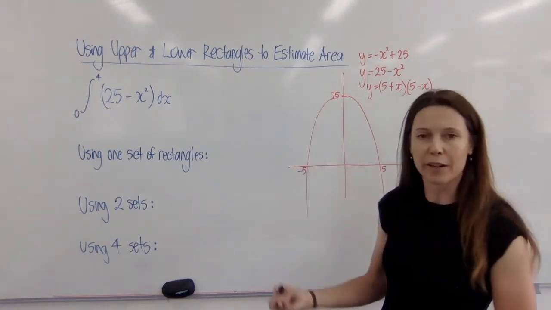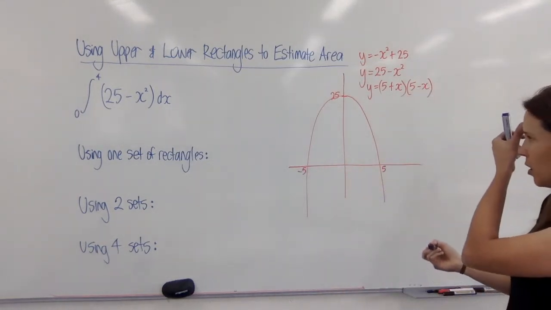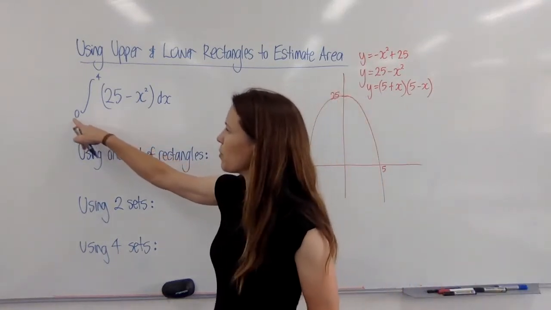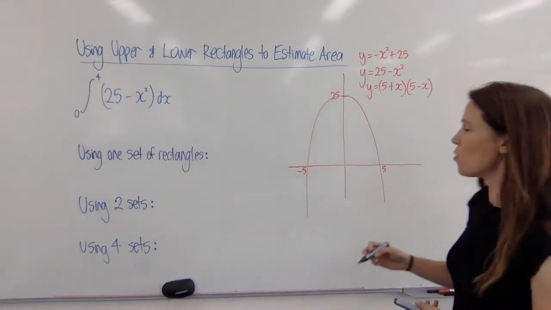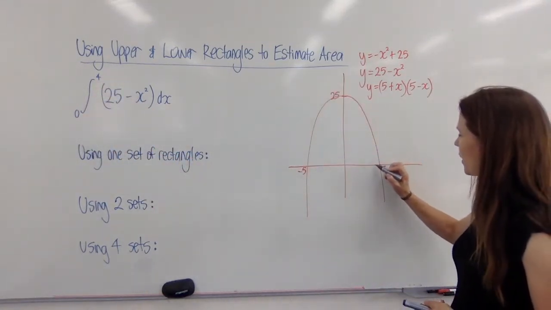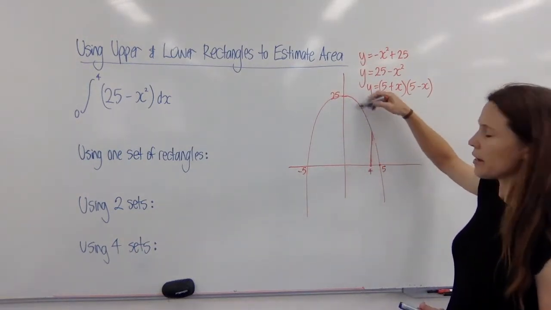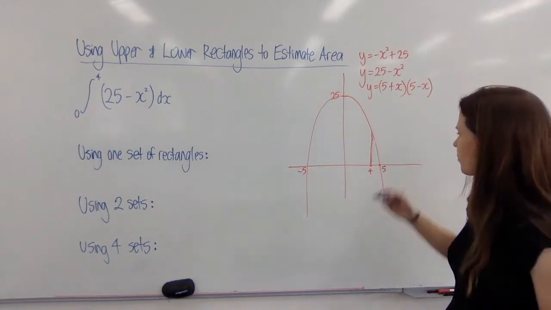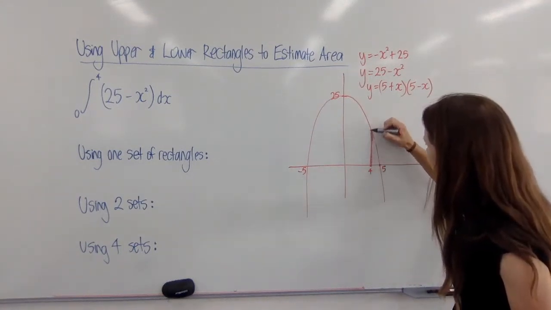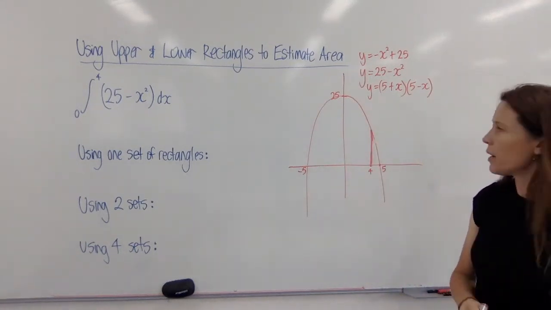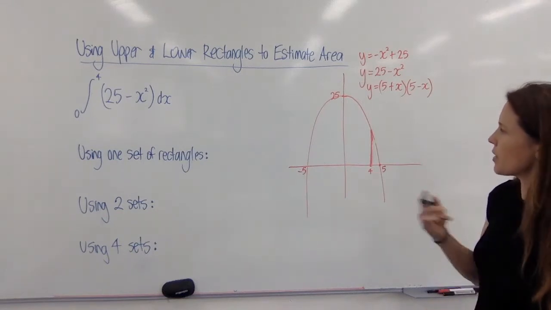Now I've got a better picture to work with. All right, we're just looking for the area though between x equals 0 and x equals 4. So I need to come back from 5 to 4. Now this is the area in here that I'm looking for. That doesn't look quite straight, does it? You get the idea. All right, so how am I going to do this with sets of rectangles?